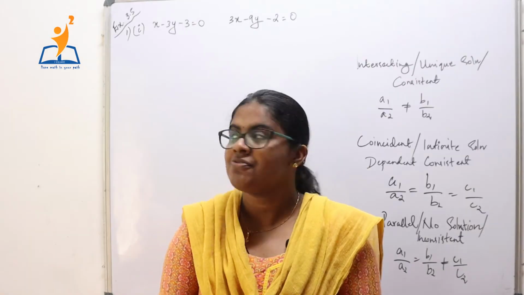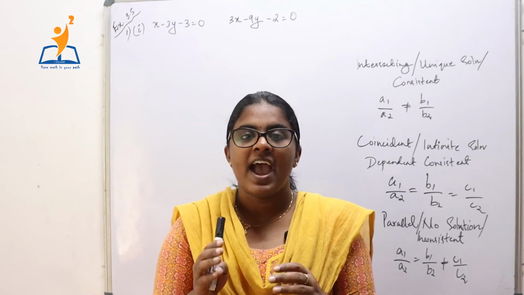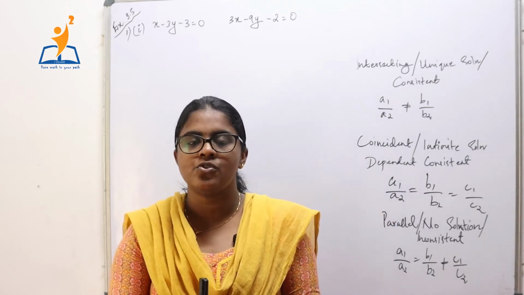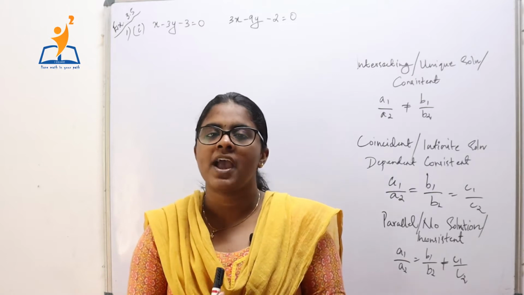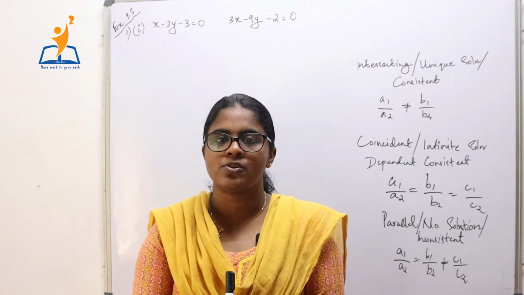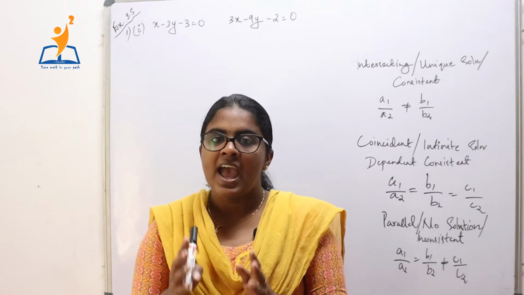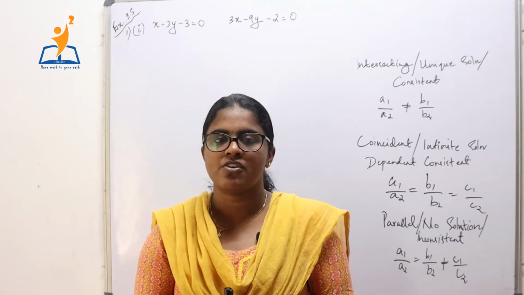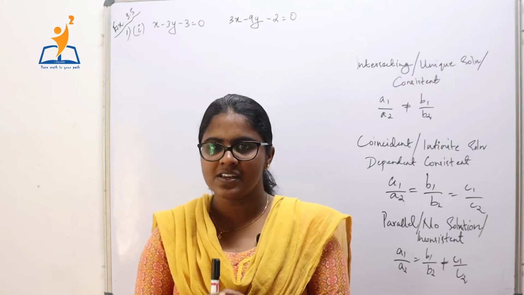Now we shall solve exercise 3.5, and the first question of exercise 3.5 asks us to check whether the given pair of linear equations have unique solution, infinitely many solutions, or no solution, and if they have a solution, find the solution of the particular pair of linear equations in two variables.